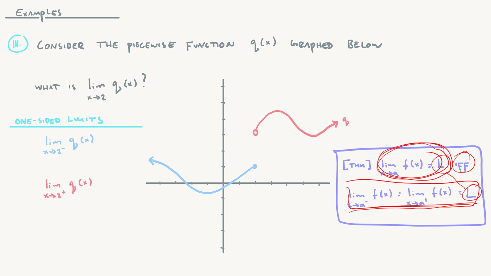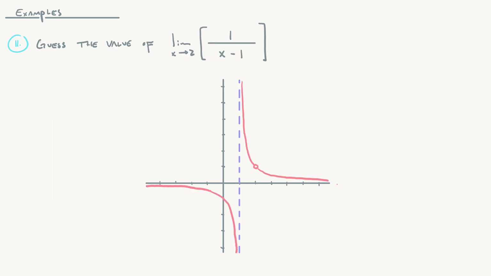Our previous two examples, by the way, had this happen. For the first one, or I guess this is the second one that we did, the left-hand limit approaches 1. As you approach 2 from the left, which really is only happening in this space since there's a vertical asymptote there. But we can still say it, as we approach 2 from the left, our y values seem to be approaching 1.